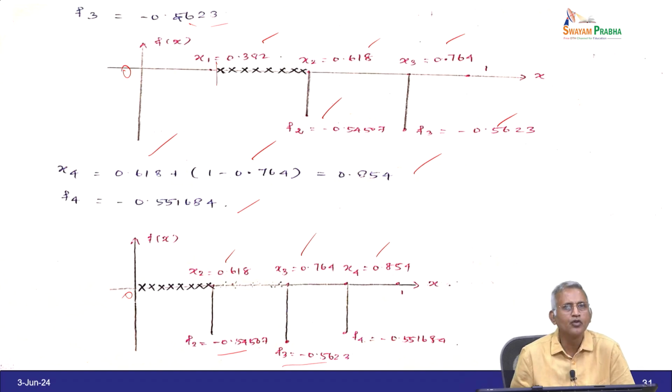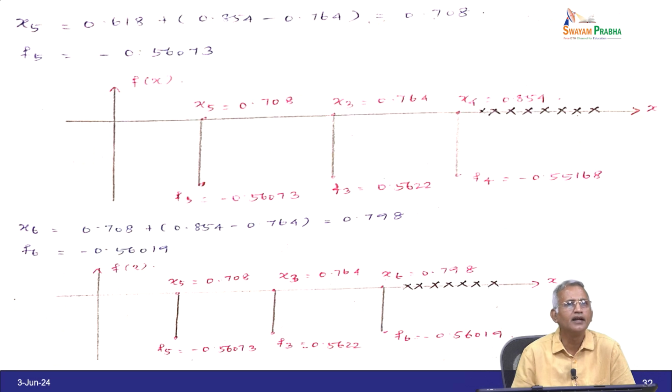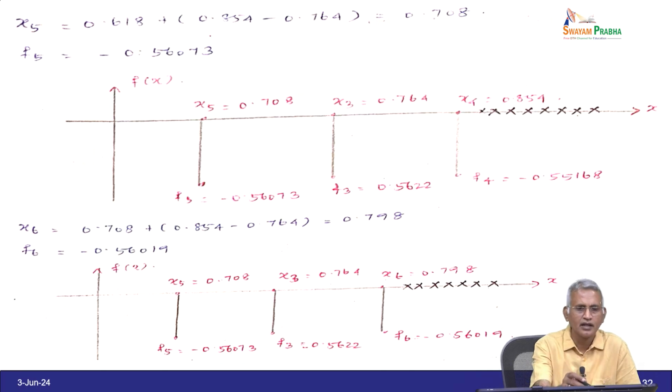So, 0 to x2 is omitted and then x5 equal to 0.618 plus 0.854 minus 0.764 equal to 0.708. Now, we got f5. f5 is minus 0.56073.